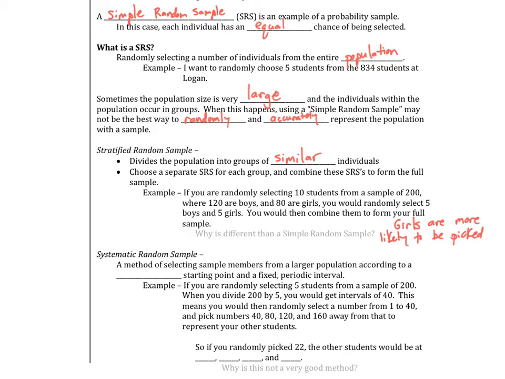If you divide into groups of boys and girls, and there's 120 boys and 80 girls, if you're a boy and they're picking one boy, the chance of being picked is 1 out of 120. If you're a girl, your chances are only 1 out of 80. So it's more likely they pick you if you're a girl because there's less girls to pick from. So stratified is when we break them into groups.